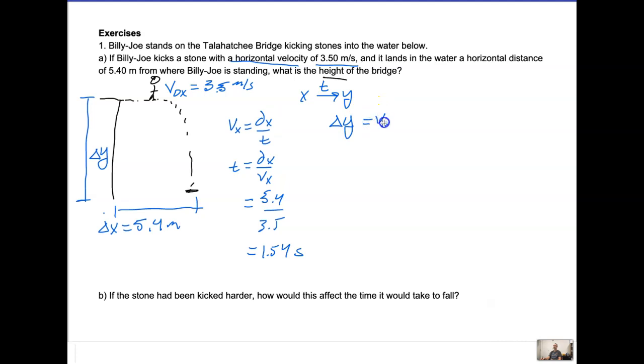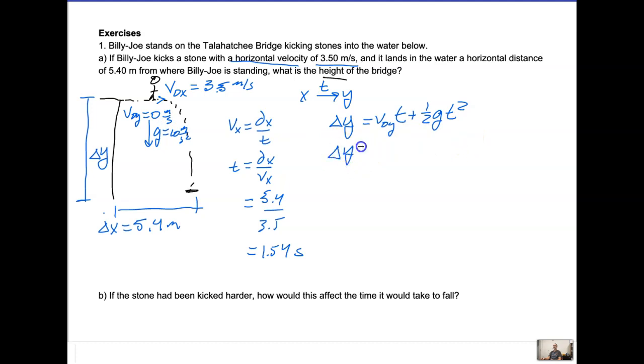That's V0y, the original speed in the y, times t, plus 1/2 of gravity times time squared. Remember, at the top, when you kick the stone, it is only moving to the right, and then it starts to fall, because gravity, which we know is 10 meters per second squared, is pulling it straight down. But in the y direction, your original velocity is equal to 0 meters per second.